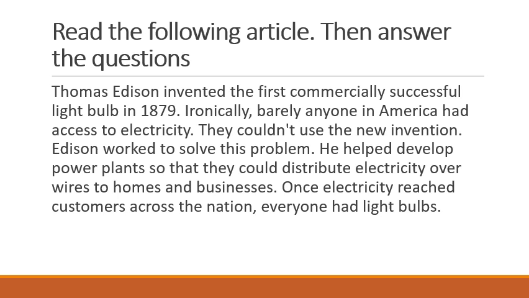This is the first paragraph in the article, and one more time it talks about Thomas Edison. It talks about the idea of how Thomas Edison invented the first commercially successful light bulb.